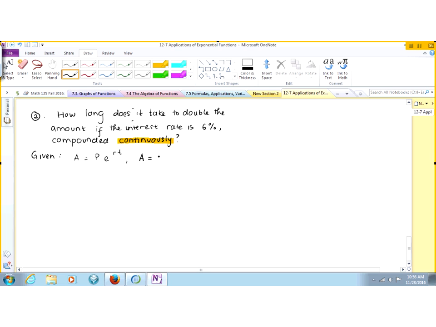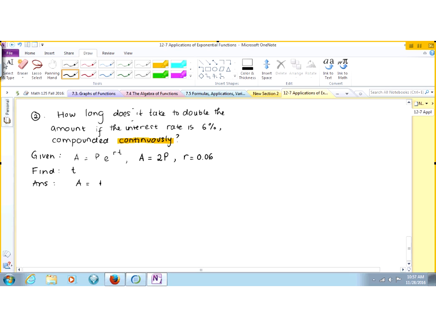Double the original, so 2 times P, because the original is P, the principal, even though I don't know the original. And what else do I know? 6%, what's that? r is equal to the decimal 0.06. So what do you want to find? Find the time, which is t.